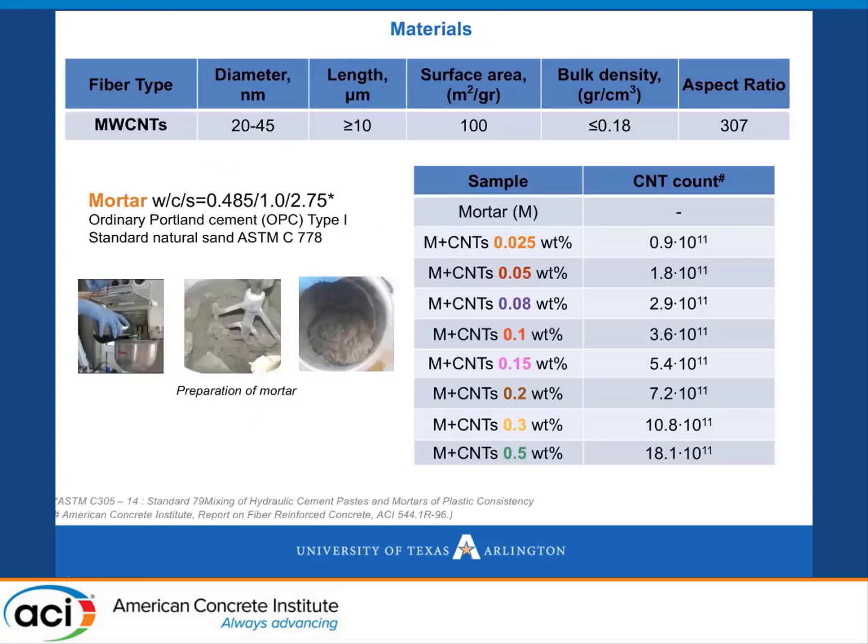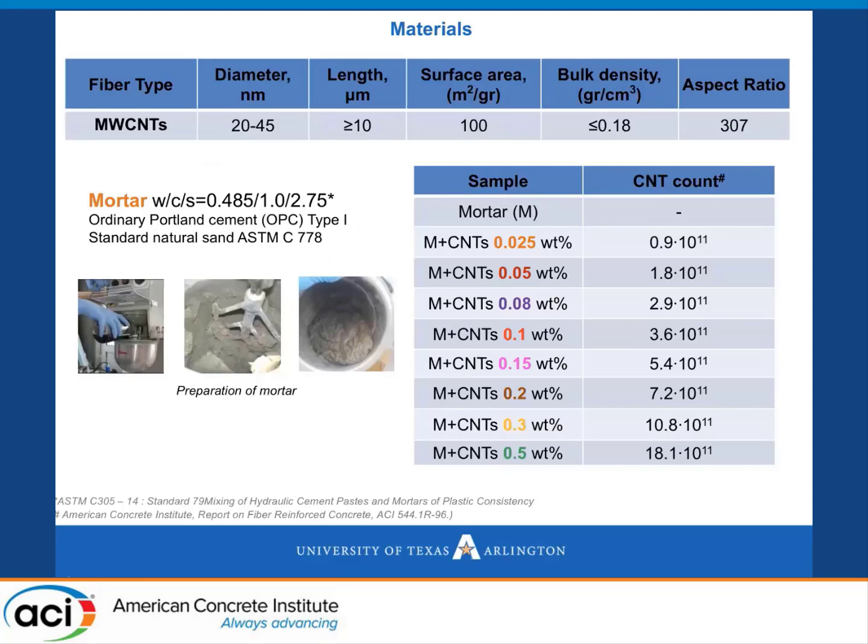capacitance. I will not show you many different types of CNTs, because in this work we concentrated on many different proportions of CNTs, ranging from 0.025 and up to 0.5.